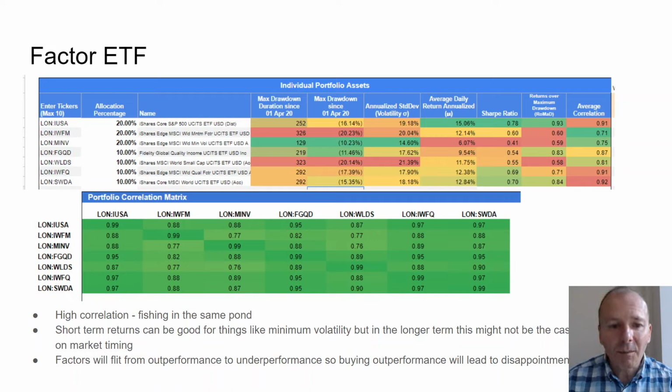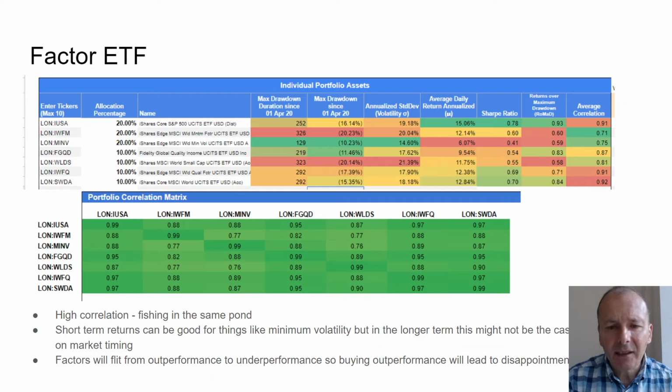And what really shocked me was these very high correlations here. So basically, all these ETFs, they're fishing in the same pond. They're taking the largest companies in the world and then finding a subset of that around certain factors.